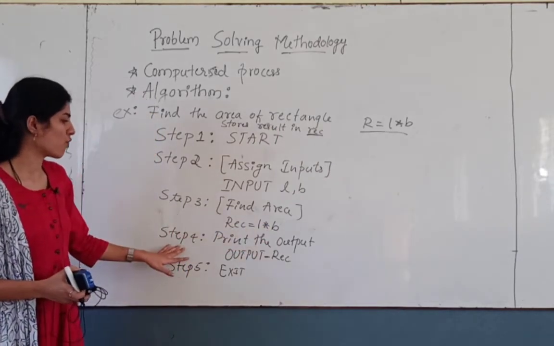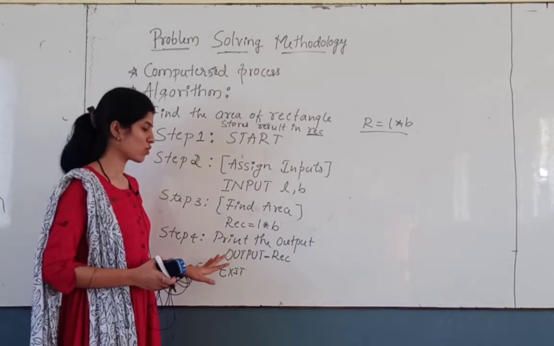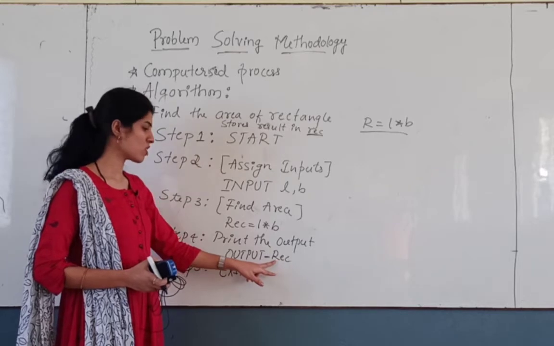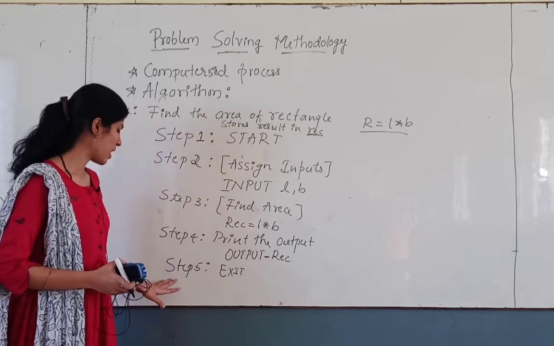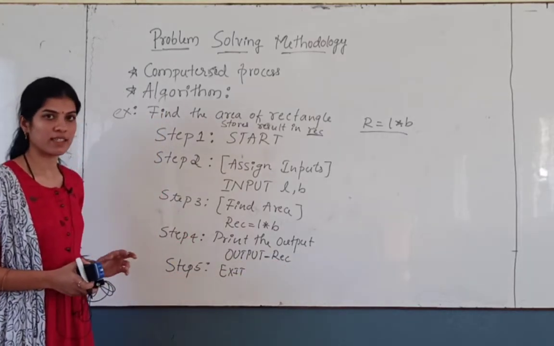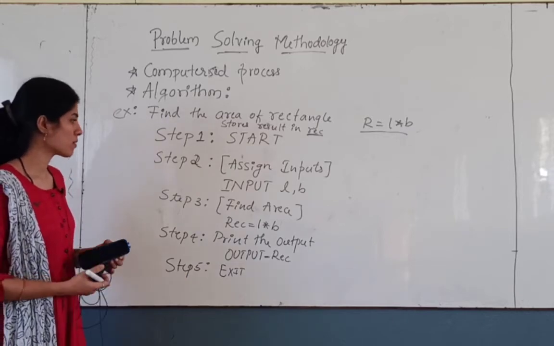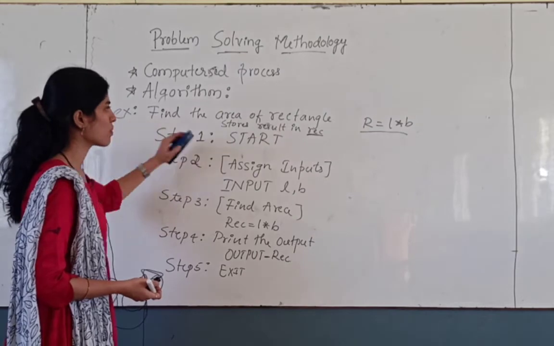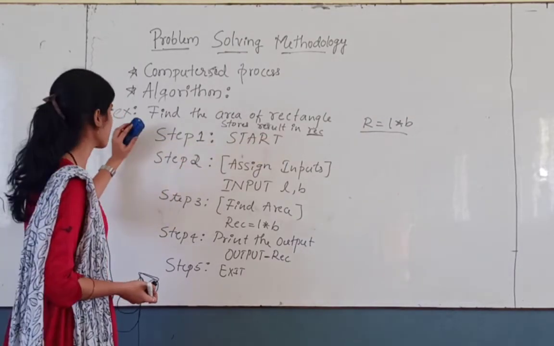Next step 4 is to print the output, so output will be this rect variable. This is also a variable name. And the next, fifth step is to exit. This is how to write the area of the rectangle stored in a variable rect.